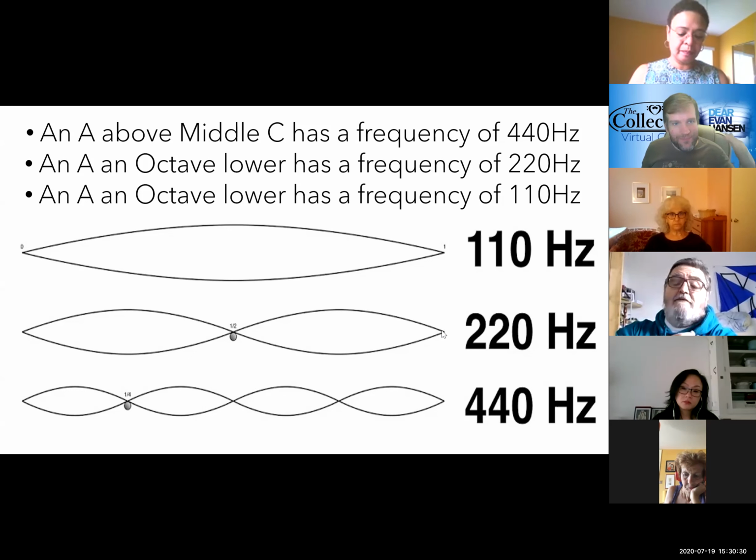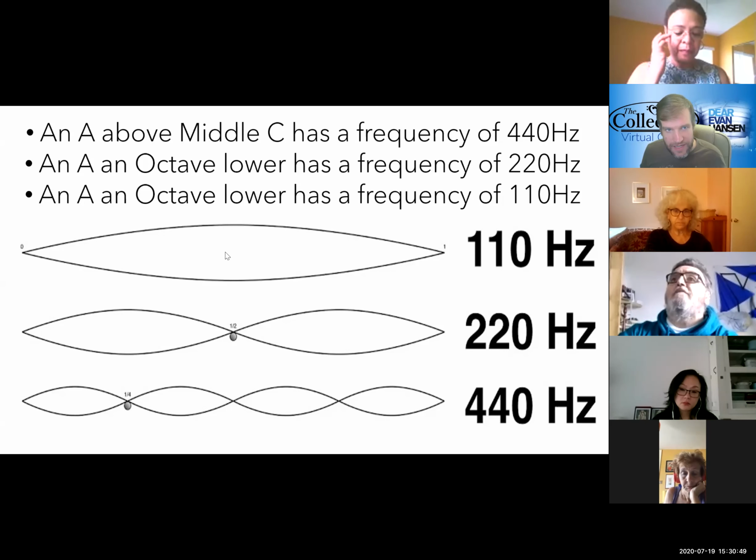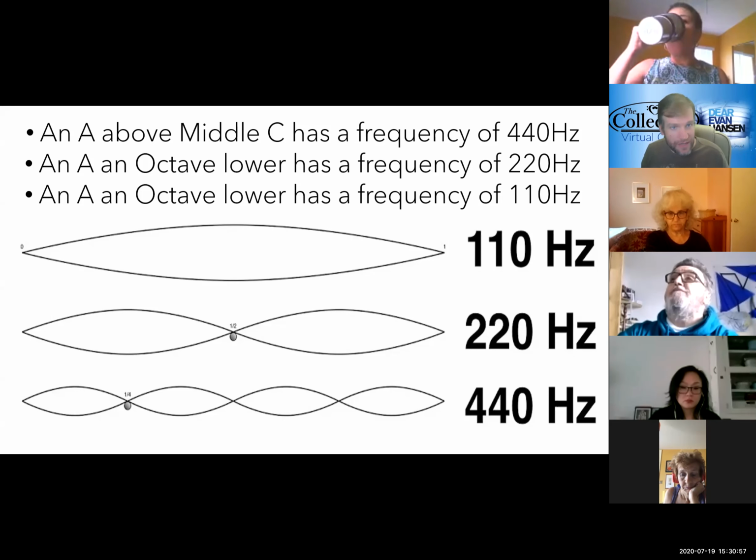At 220, the high pressure and the low pressure map together, so two waves fit in exactly the space of one, and that is why they sound the same, because the frequency is twice as much. For 440, four waves fit into the space of one or into the space of two, so they sound similar, because there is a direct mathematical relationship between the sound pressure hitting your eardrum. That's why octaves sound like octaves, and we can pick that out.